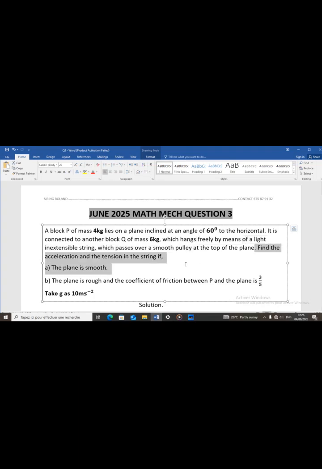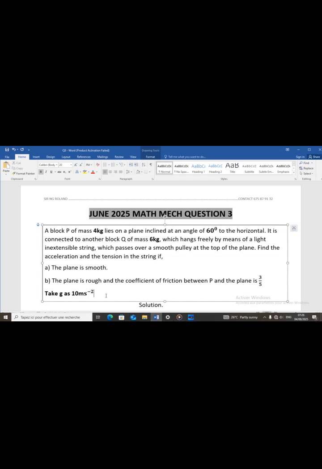Find the acceleration and the tension in the string if A, the plane is smooth, B, the plane is rough and the coefficient of friction between P and the plane is 3 on 5. Then take g as 10 meters per second squared. So that was the third question that came in 2025 Math Mechanics Part 3. We are going to solve the question together, and as we proceed, pay keen attention please.